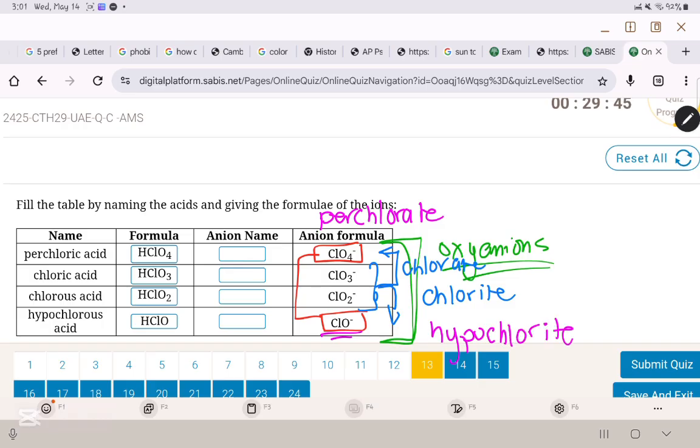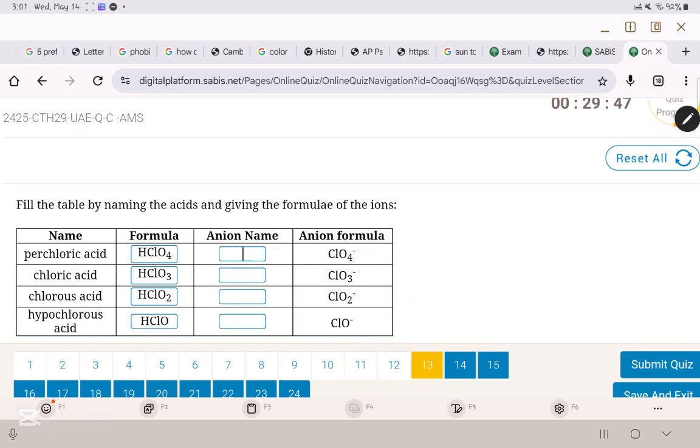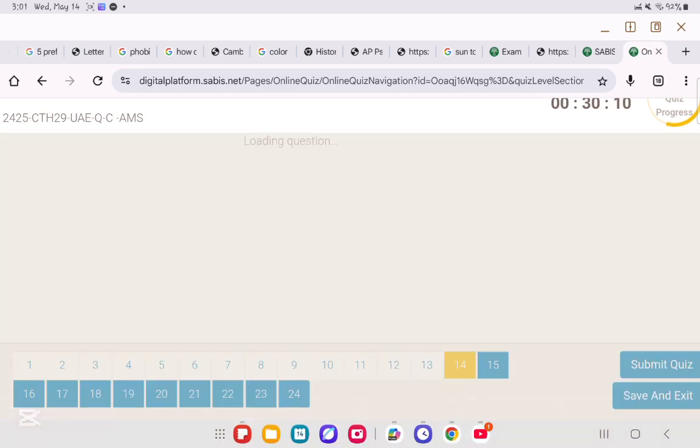So perchlorate, chlorate, chlorite, and hypochlorite.